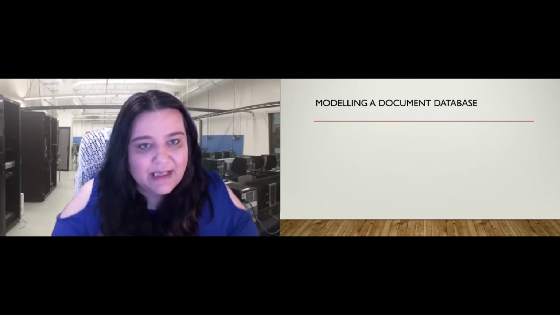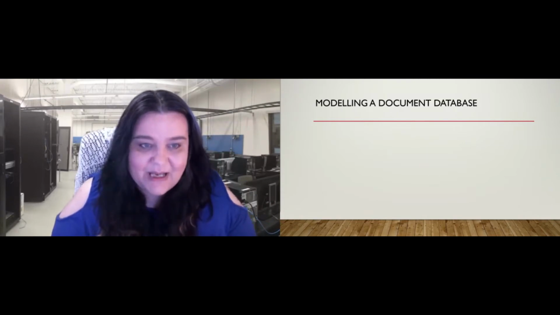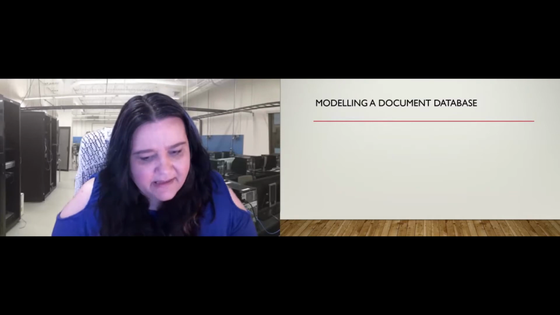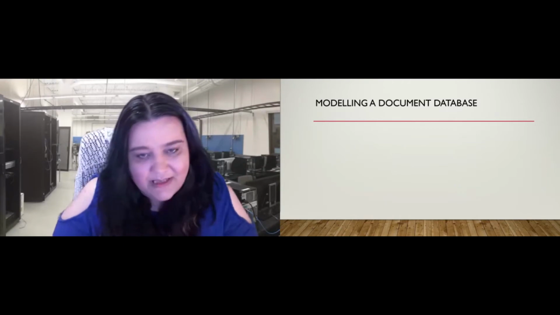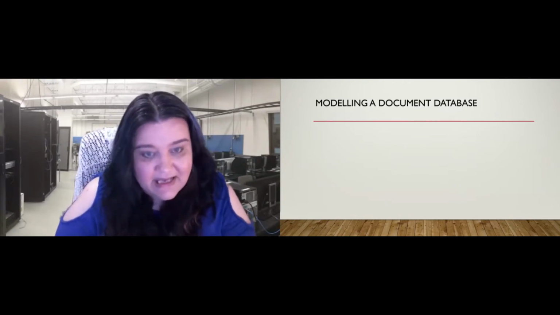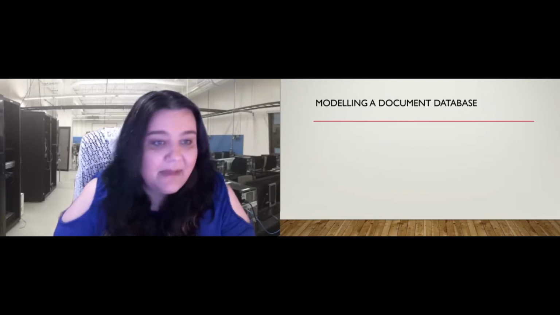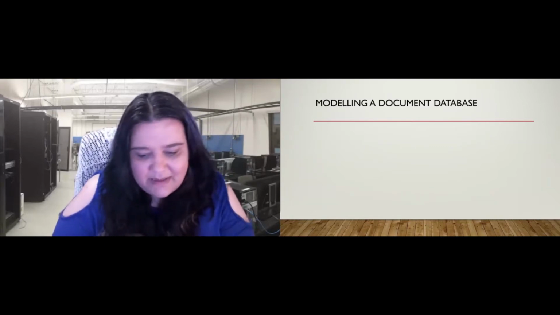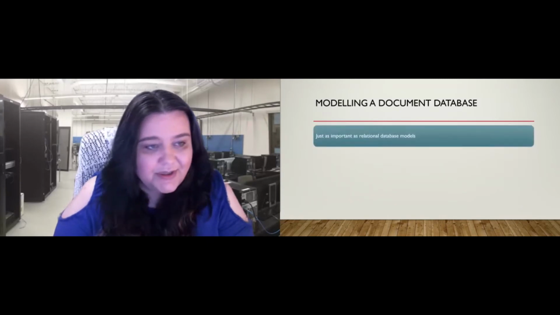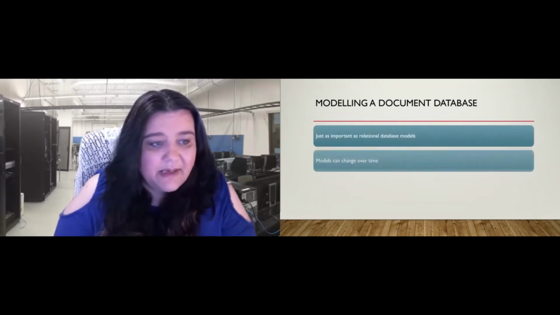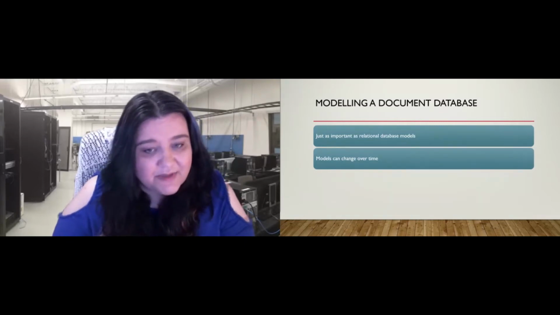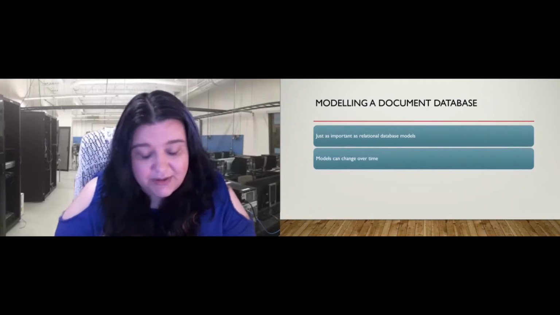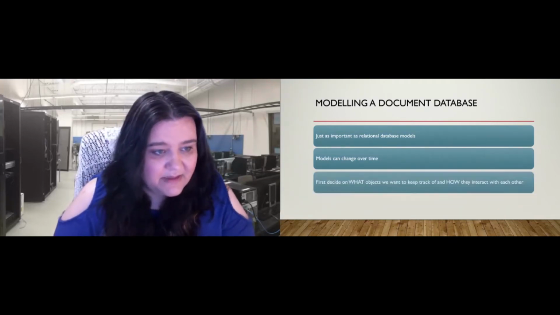We know that when we build a relational database, we're taking a lot more time in the beginning, or we should be taking a lot more time in the beginning, to plan out our database and really understand the relationships, and doing normalization and making sure that our database is as efficient as we can make it. NoSQL databases usually do start with a structure, and it is important, but we can change those models over time. So where we start is not necessarily where we end with our documentation or our modeling of our NoSQL databases.